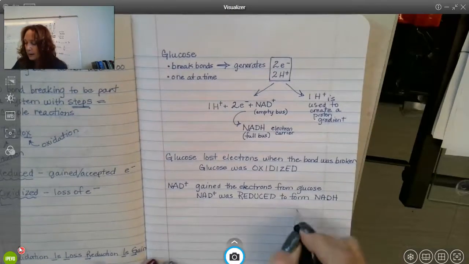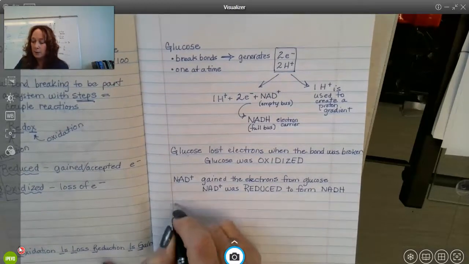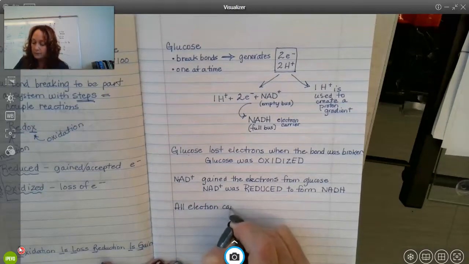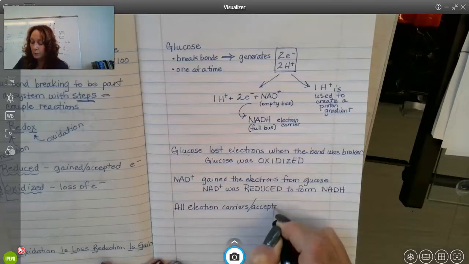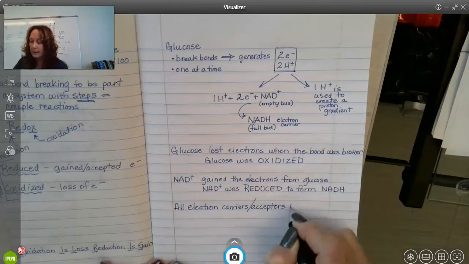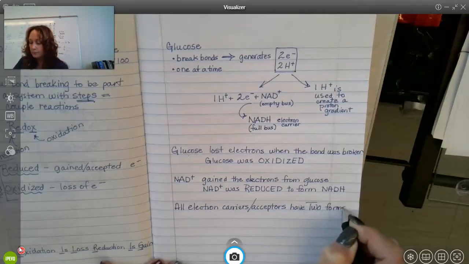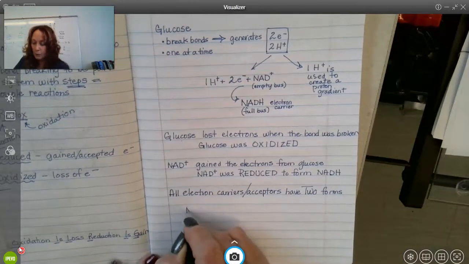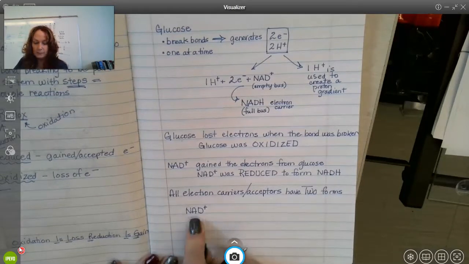As far as this electron carrier, they have two forms. All electron carriers, acceptors, where they shuttle these electrons, have two forms. In this particular case, NAD is the empty bus. It's lost electrons in order to be empty.